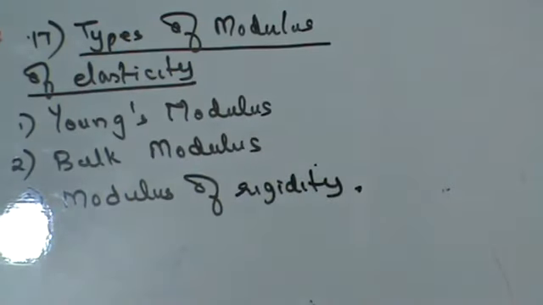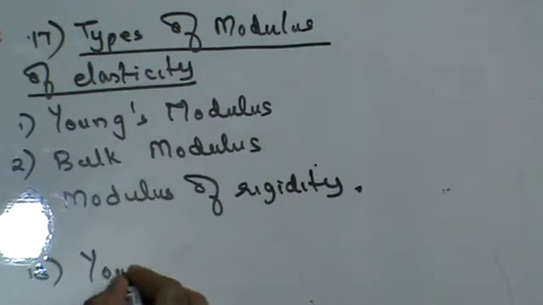So, there are three different types of modulus of elasticity. One is Young's modulus, the other is bulk modulus, the third is modulus of rigidity.